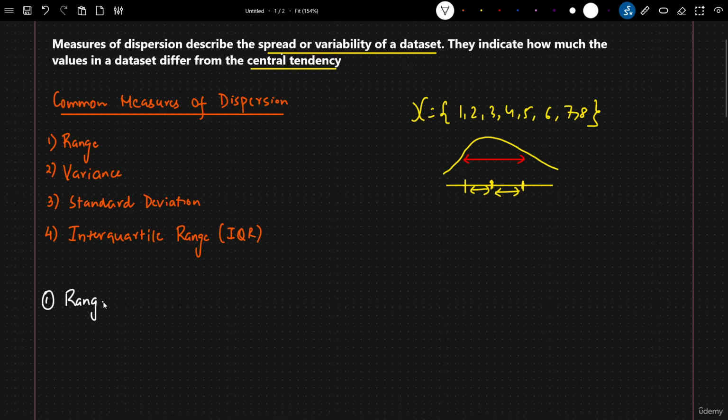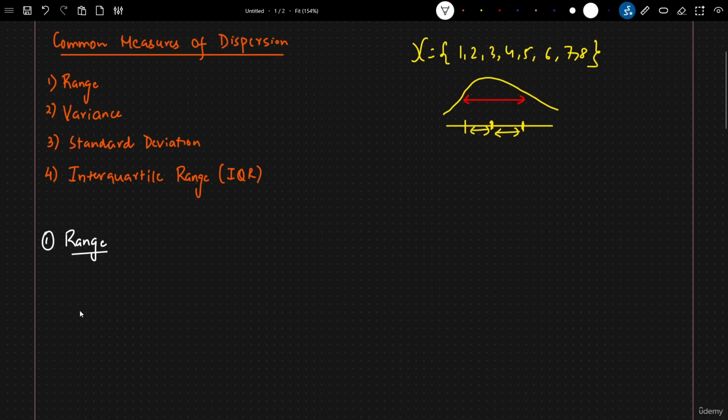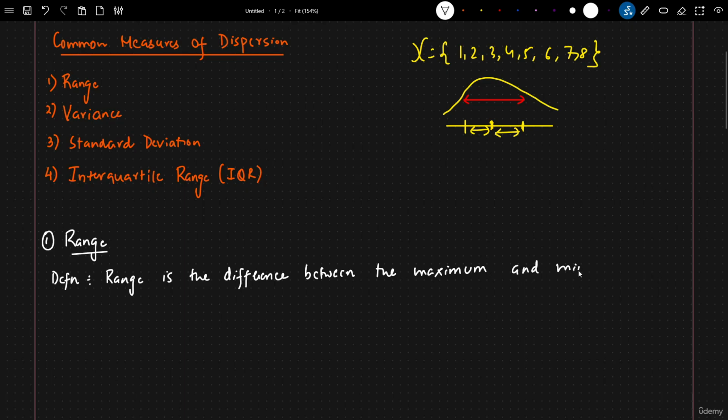So what exactly is range and how are we able to see the spread of a data set? Range is the difference between the maximum value and minimum value in a data set.